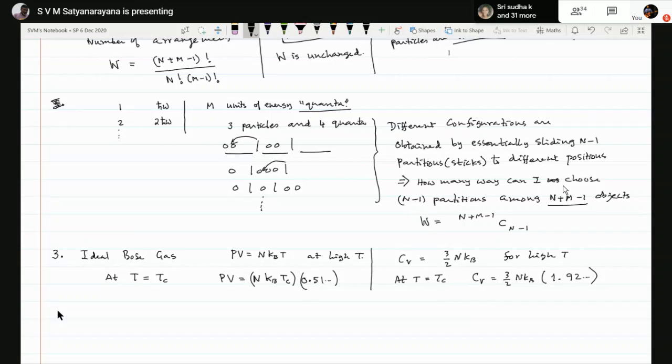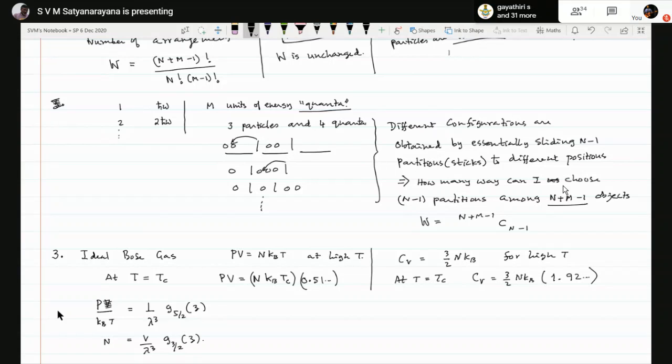Now you can show this because we had these expressions: PV by kBT is equal to 1 by lambda cube into g 5/2 of z, and you have N equal to V by lambda cube into g 3/2 of z.